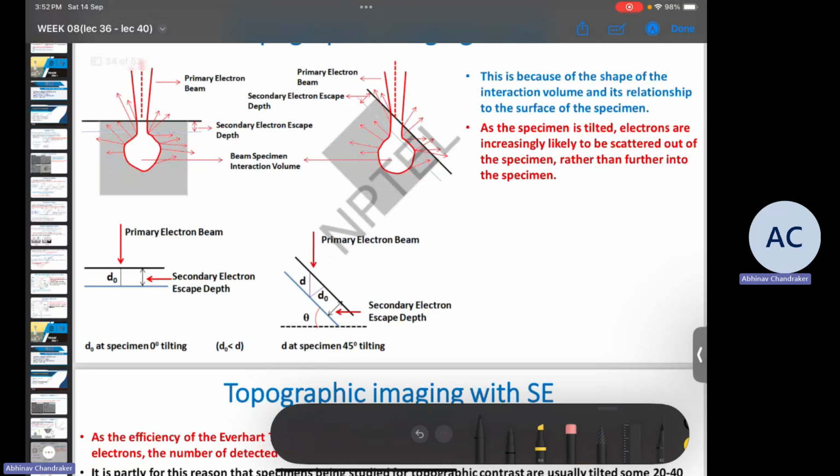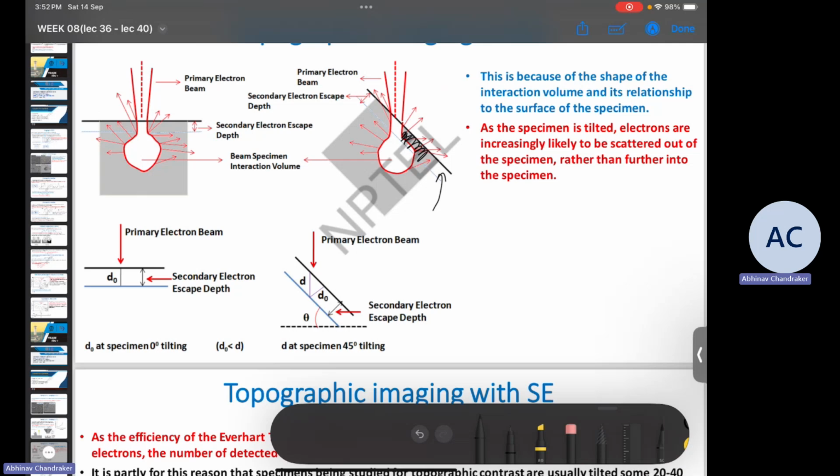So we have already talked about this when we talked about the effect of tilt angle on the yield. When the surface is at an angle other than 90 degrees to the incident electrons, it is lower than 90 degrees, and the interaction volume due to the incident electrons in the specimen is much closer to the surface. It is much closer to the surface of the specimen on one side.